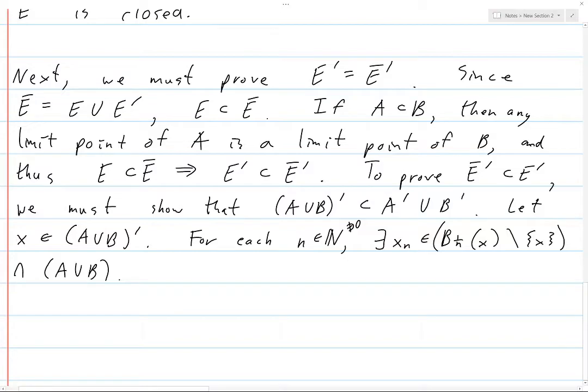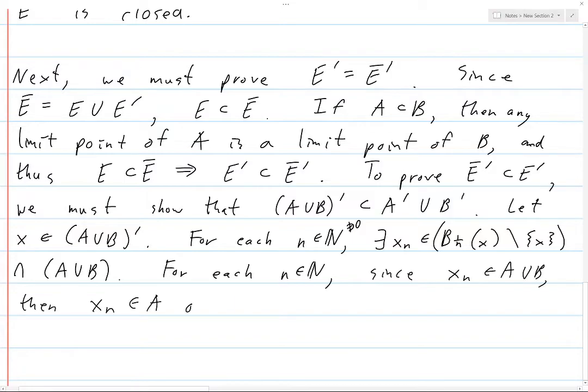Okay, so for each n in the natural numbers, since x_n is in A union B, then x_n is going to be in A, or x_n is going to be in B. It could be in both.